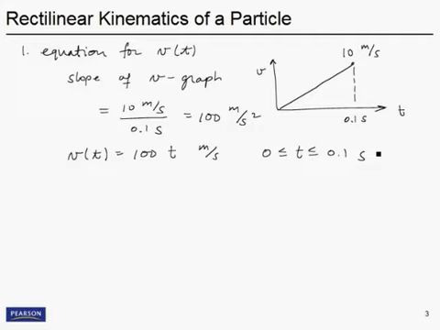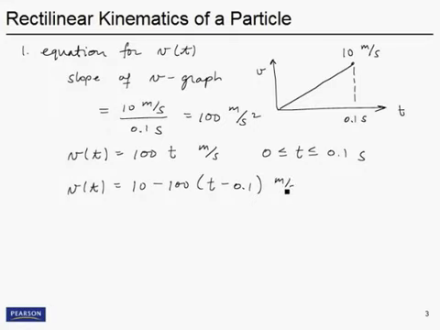Now, the question is, what happens after that? There are a couple of ways to look at this. I'm going to write it one particular way, but there are other ways you can write this as well. We know the slope on the other side of that, the post 0.1 second part, is going to be negative 100 because it goes back to 0. So V of t is going to be V max, which is 10, minus 100 times (t minus 0.1).